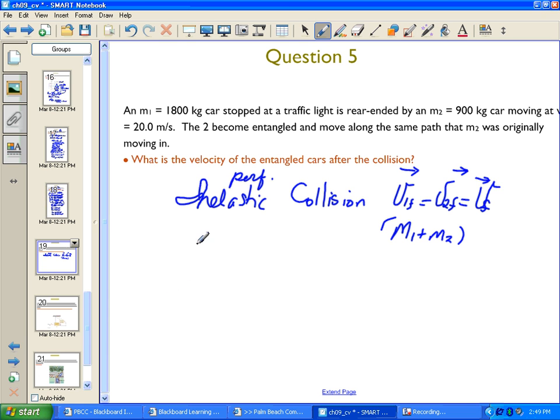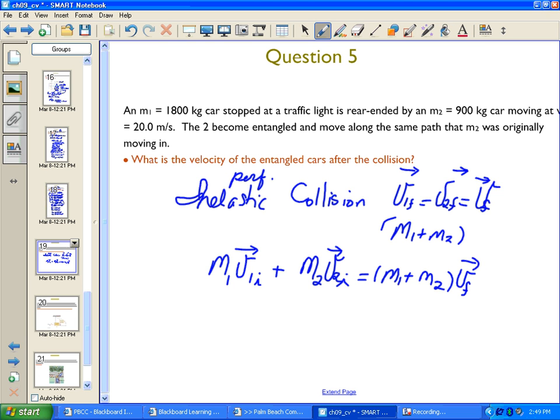Well, since we can only use conservation of momentum, we have to consider the momentum of the first object, car 1, prior to the collision, so initial, plus the momentum of the second object, car number 2, prior to the collision, and then consider that after the collision, the entanglement, m1 plus m2, causes them to move at a common final velocity.